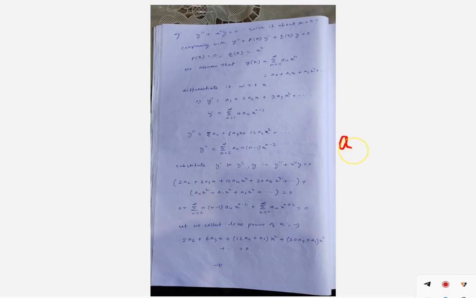Let me show you. n is 2, then multiplied by 2 minus 1, then multiplied by x to the power n minus 2, so it will be 2 minus 2.